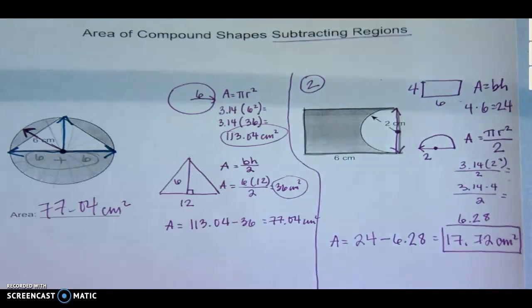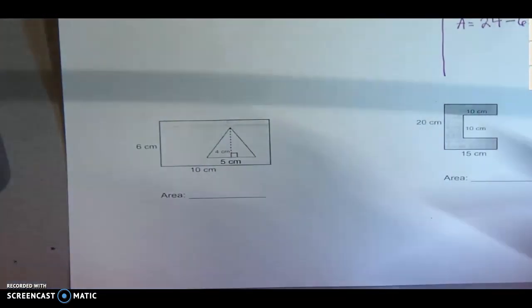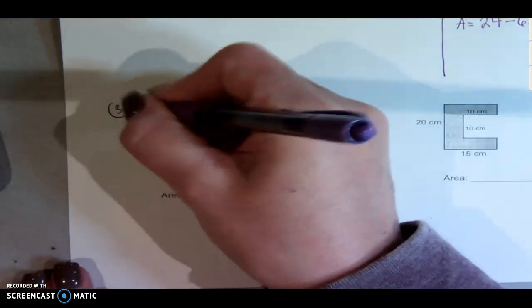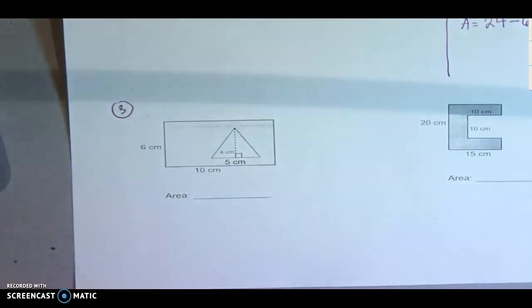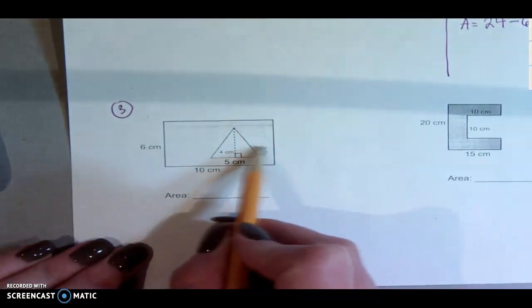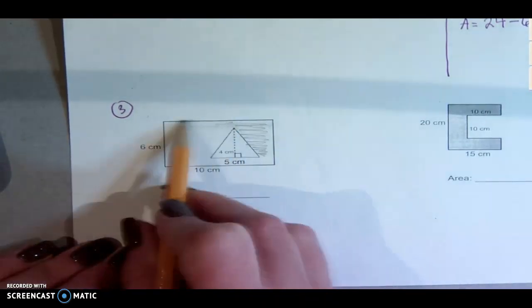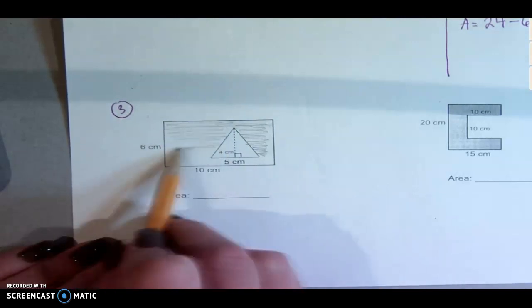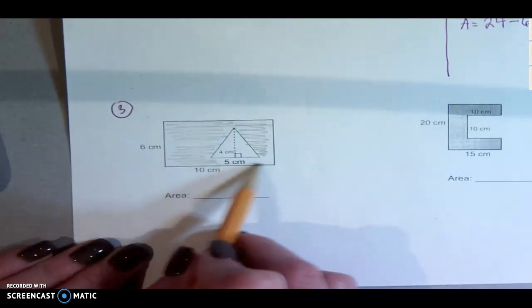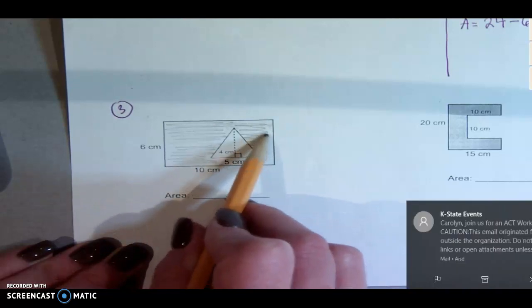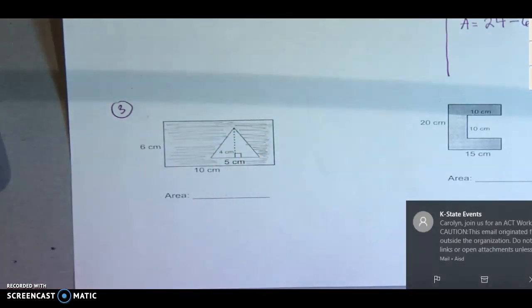All right, let's move on to shape number 3. In this shape, we have, I know the shading is not the best, seems like a bad printer, but this is your shaded area.